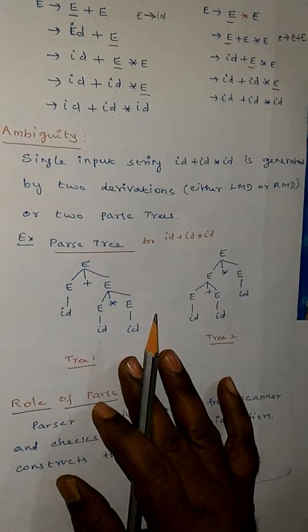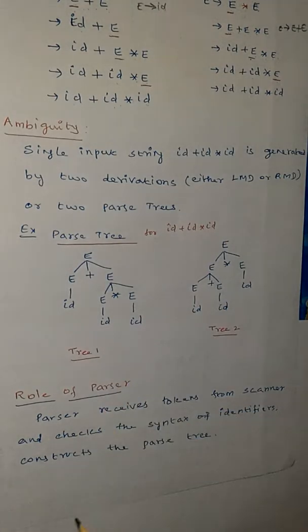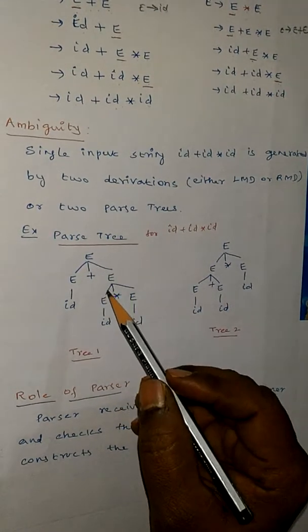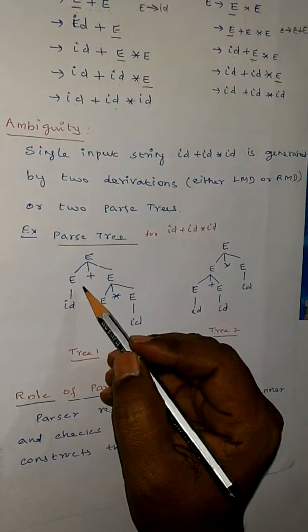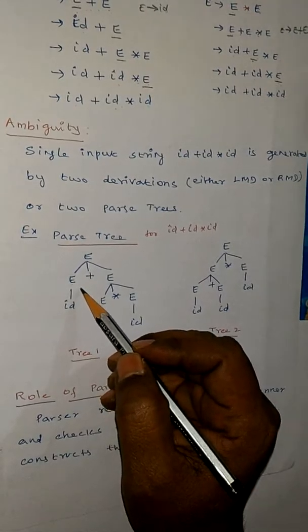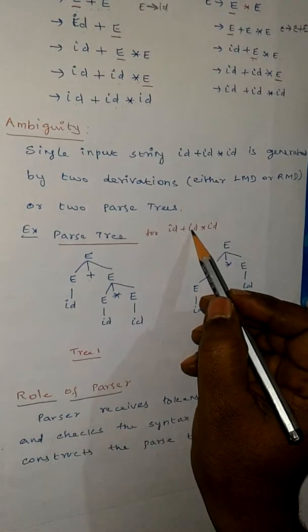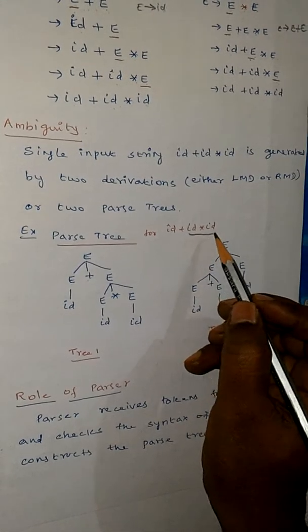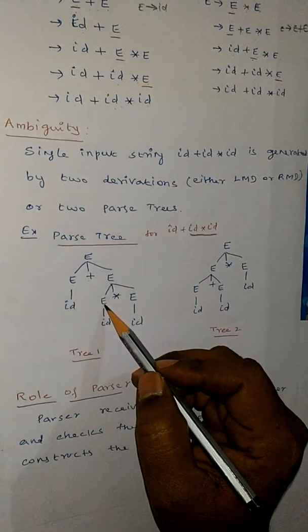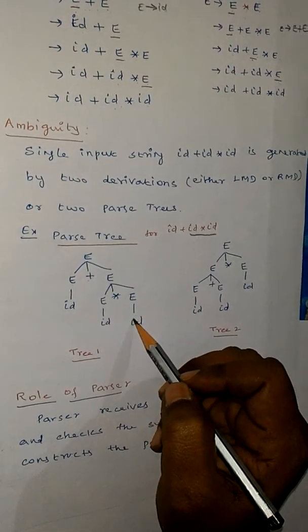Like that, when you are constructing the parse tree for the same input string, E derives E plus E by the first production, then this E is replaceable by ID, then plus, then we need to get this ID star ID. For this we take the second production E star E, then these are replaceable by the respective IDs.